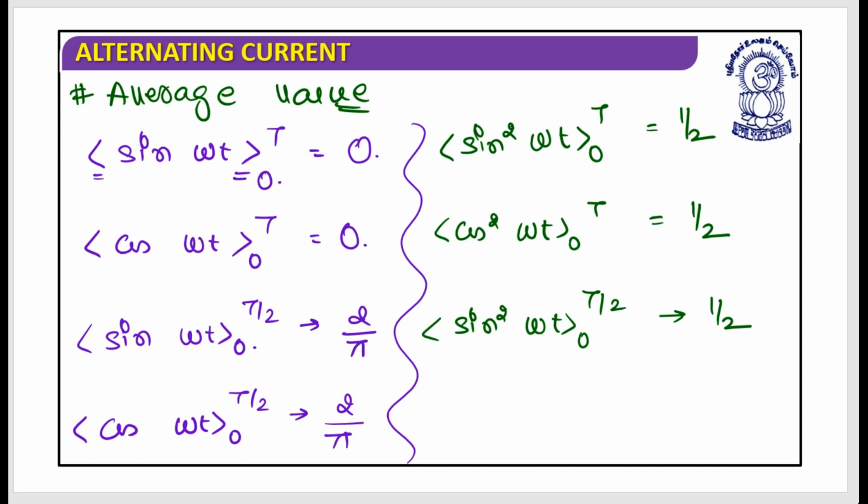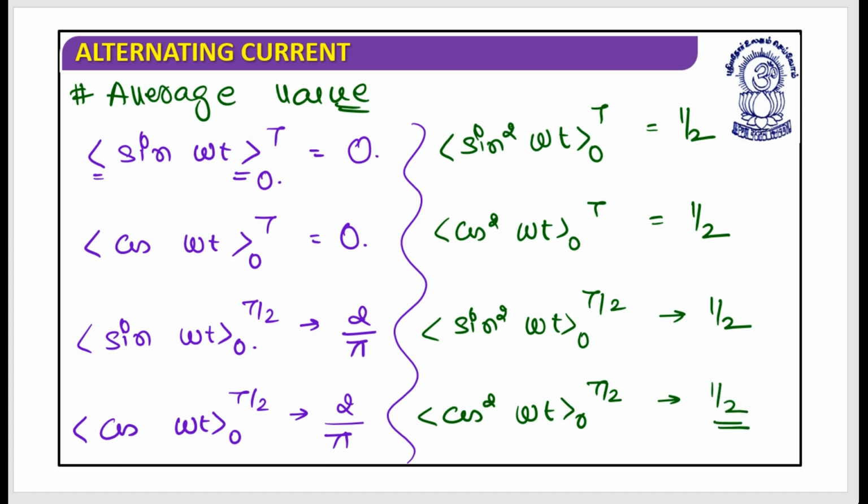Do not think that since this is half of the cycle, I'm going to divide by 2. No, that is not the case. We are going to square it and then take its average. So all the terms will be positive, whether for the positive half cycle or the negative half cycle. Cos square omega t from 0 to t by 2 is equal to half.